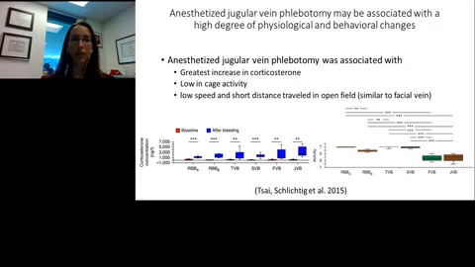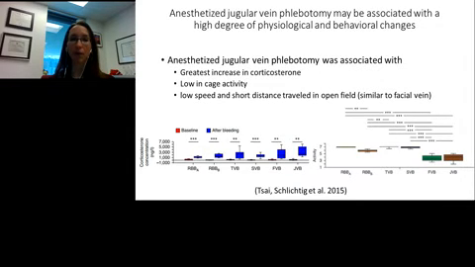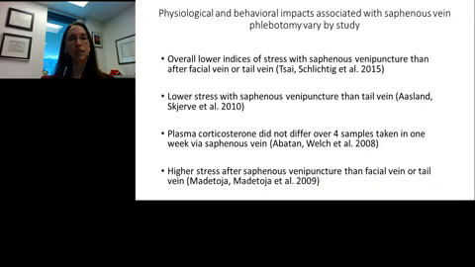But I did want to point out for fairness that the impact of saphenous vein phlebotomy that's reported in the literature does vary by report. Similar to this Cyano paper where we found an intermediate impact of saphenous vein phlebotomy, Aslan et al. showed that there was lower stress response after saphenous venipuncture than after tail vein blood collection.